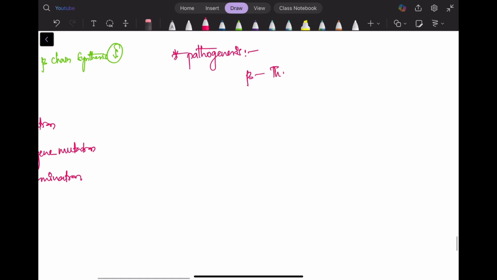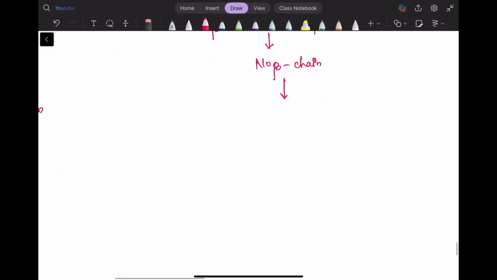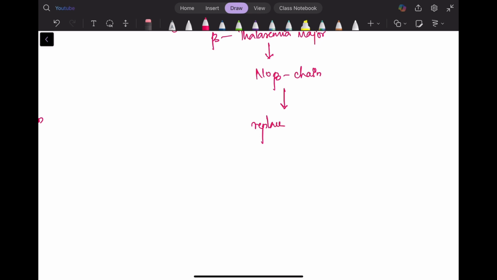We have beta thalassemia major, where there is no beta chain, so something has to replace it. Our body tries to replace it with the alpha chain.